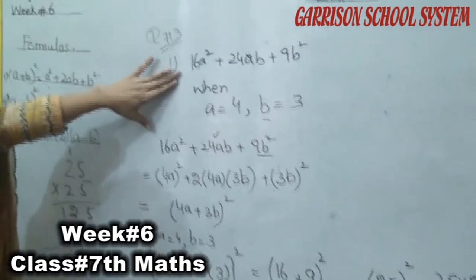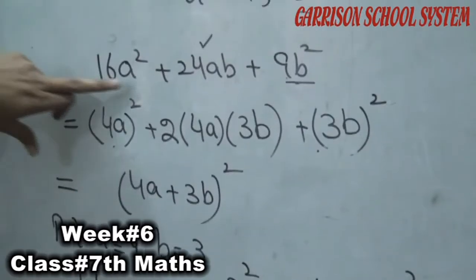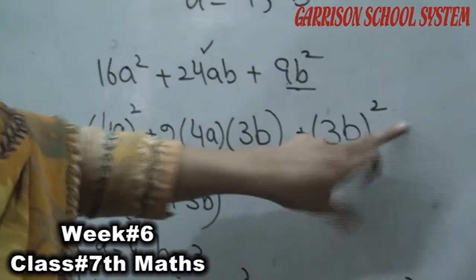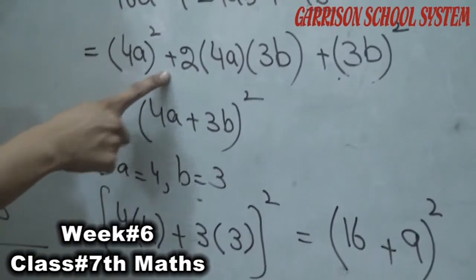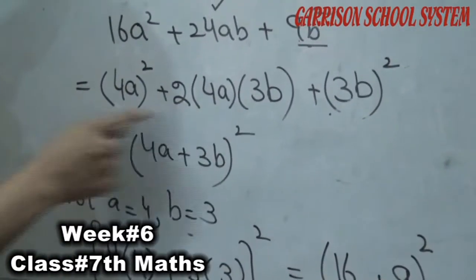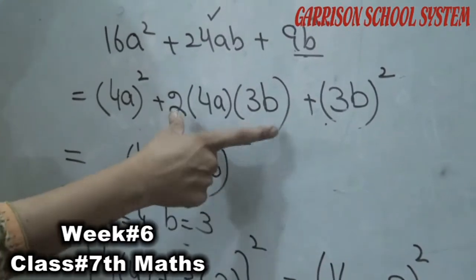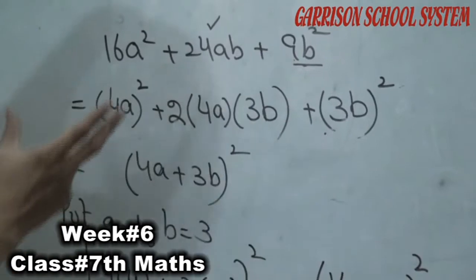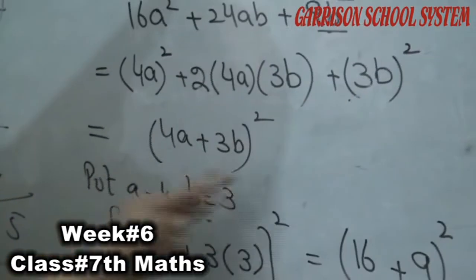First of all, I have to close the formula. 16a square is the square of 4a, and 9b square is the square of 3b. And plus 2 into first term into last term will complete our middle term. I have to close this formula: first term plus last term whole square.